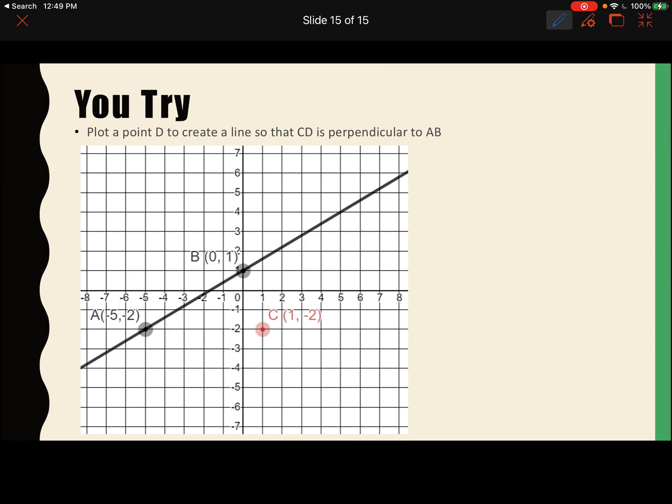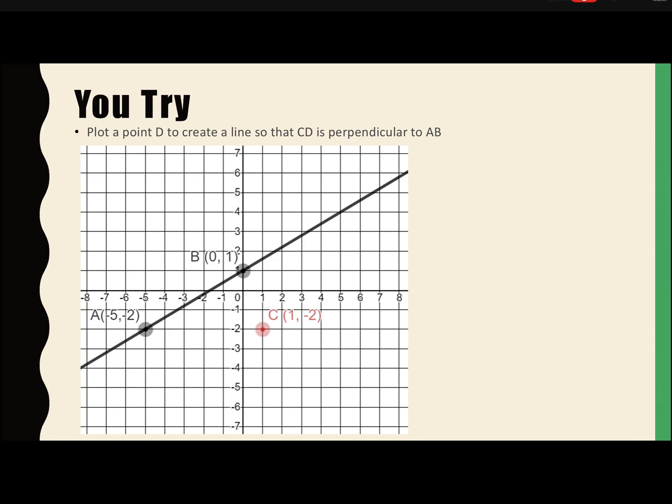And so next is we're doing the same thing, but we want to plot a line that is perpendicular to AB. So we need to find the slope of AB again. That's 1, 2, 3, and 1, 2, 3, 4, 5. So it's still, for AB, that slope is still 3/5.